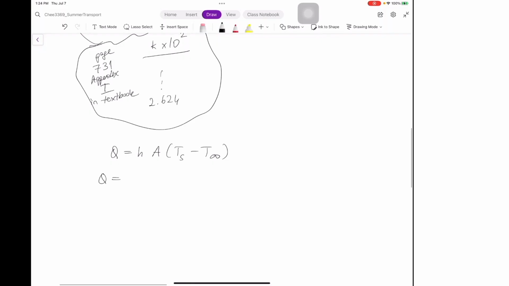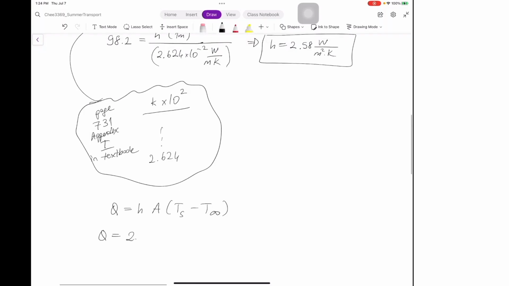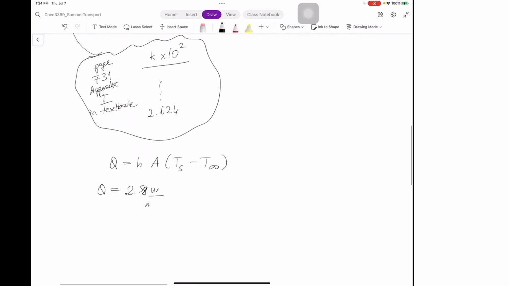Q is equal to, A is 1 meter times 0.25 meters, area of the plate.